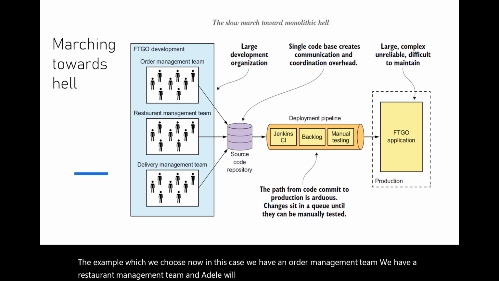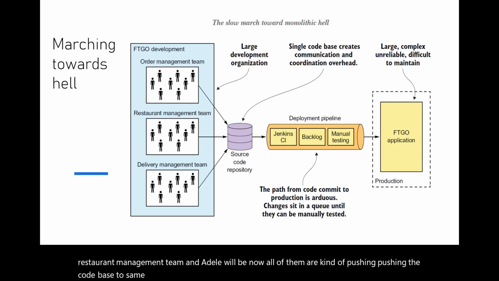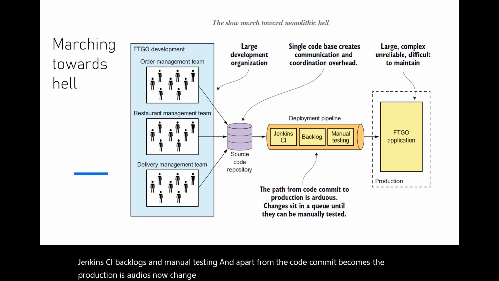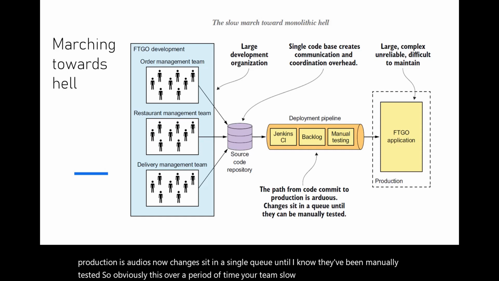All of them are pushing to the same source code repository, and then you have the pipeline with the Jenkins CI backlog and manual testing, and getting from code commit to production is arduous. Changes sit in a single queue until they've been manually tested. So over a period of time your teams slow down, and your application reliability is a question mark.